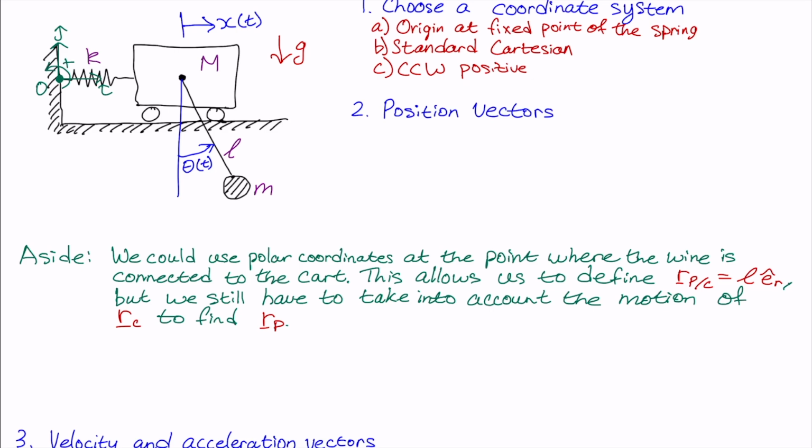We now want to define position vectors for the cart and the pendulum. Let's start with the cart. The cart is going to just go directly in the horizontal direction. We'll call this r sub C. The pendulum will go from the origin to the pendulum. We can call this r sub P. And then we're also going to use here a relative position vector from the cart to the pendulum.